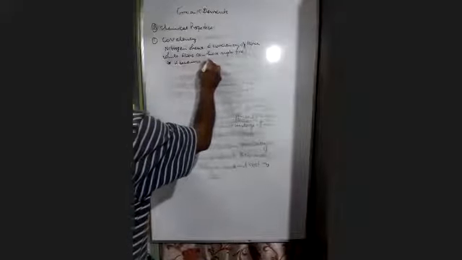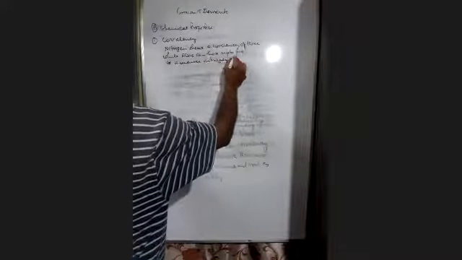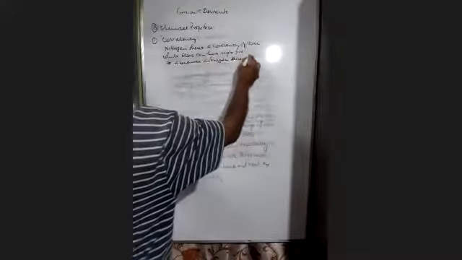It is because nitrogen does not have any d orbitals. This I'll explain later on when I go to the oxidation state.